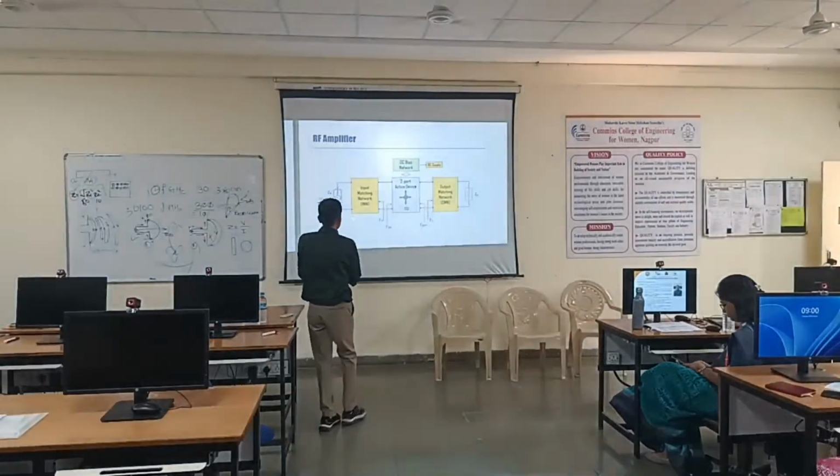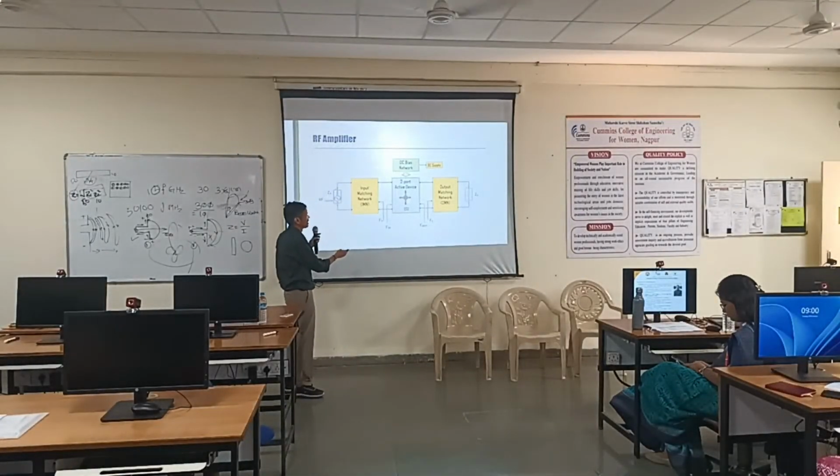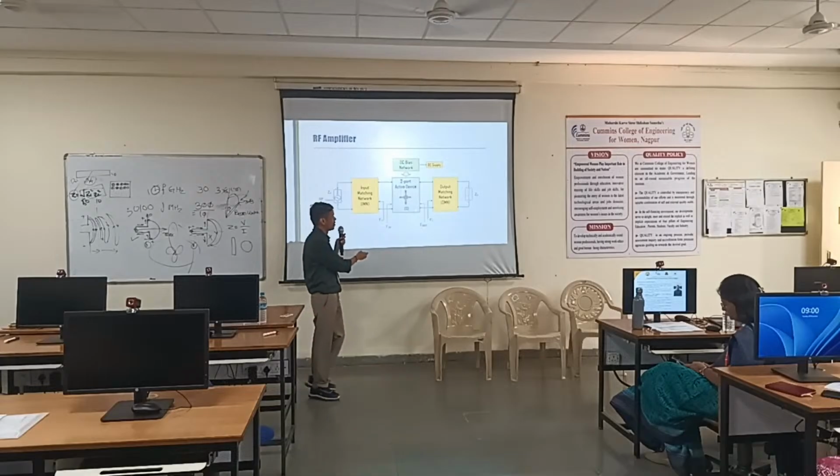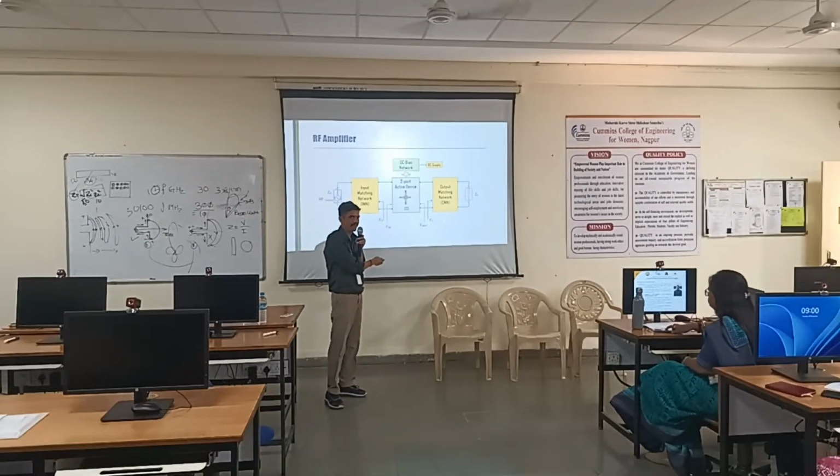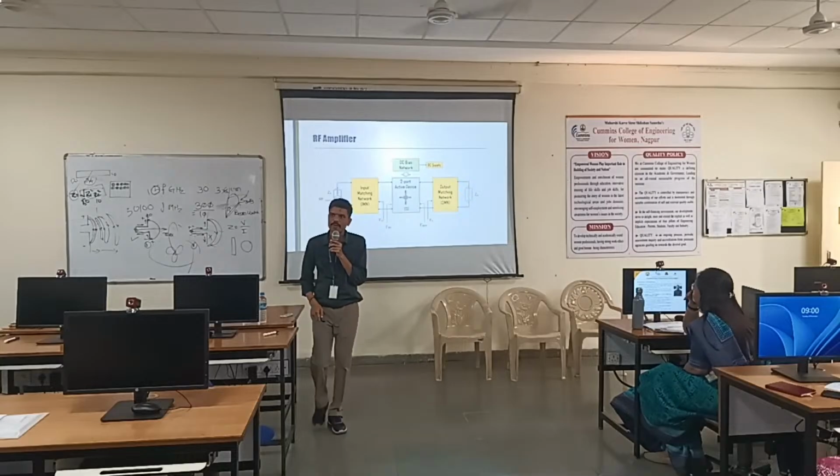So what we do, we insert the matching network in between, transistor, source is 50, load is 50, gamma in. Gamma itself is a reflection coefficient. Input reflection coefficient of transistor, we have to match with the source reflection coefficient of matching network. That is the design principle. Similarly, gamma out should be equal to gamma L. So that is how we design an output matching network.